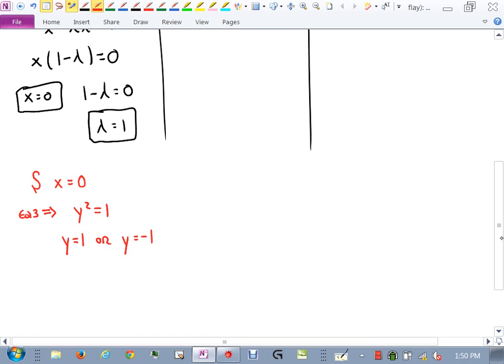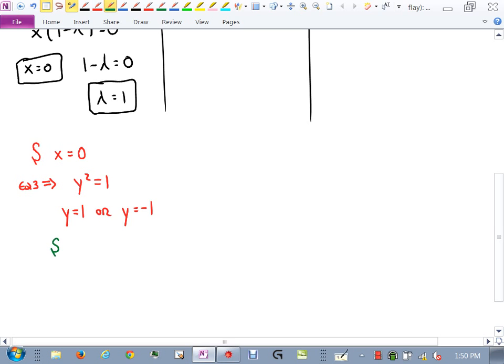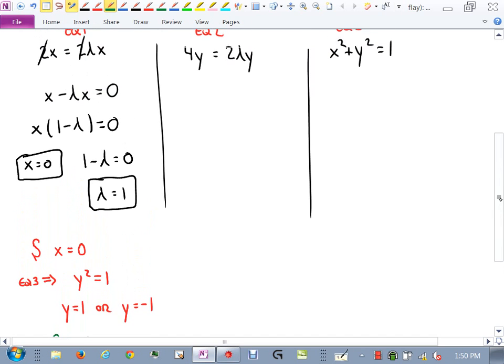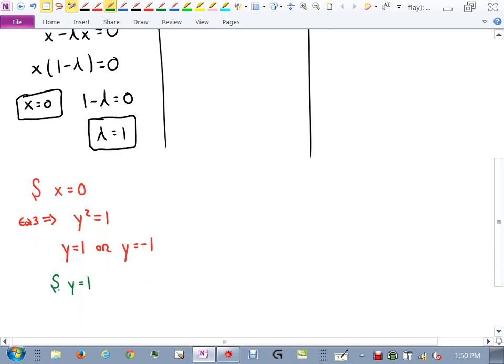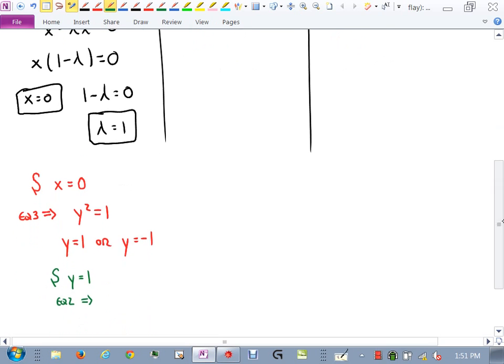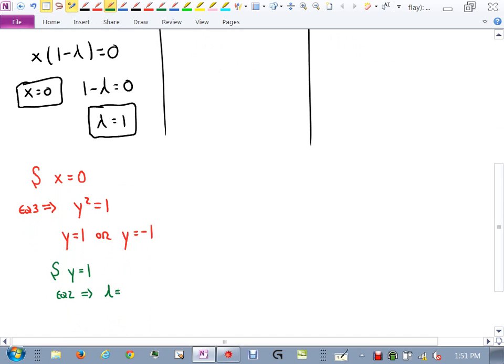But now I have to look at both of those scenarios. So what if y is 1? Now within this suppose, I have a new suppose. So now suppose that y is 1. What does that give me? Go back up. Up here in the second equation, if y is 1, you could solve for lambda, couldn't you? So suppose y is 1, then equation 2 tells me that lambda is 2. Do you all follow that?